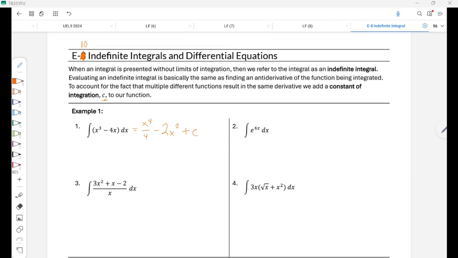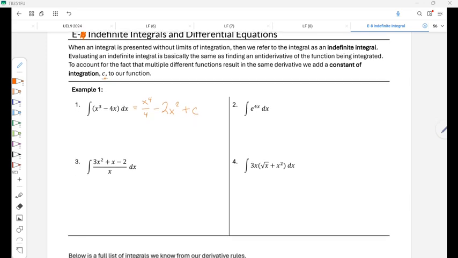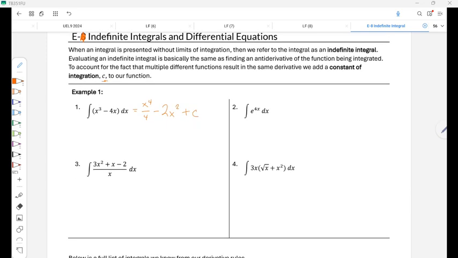Okay, let's look at a couple more examples, really just to review antiderivative properties and see some other algebraic things we might want to do here. Number 2 is e to the 4x. We're trying to find an antiderivative for that. Remember, these rules are related, especially the simpler rules. E to the 4x would be a linear chain rule problem with derivatives.